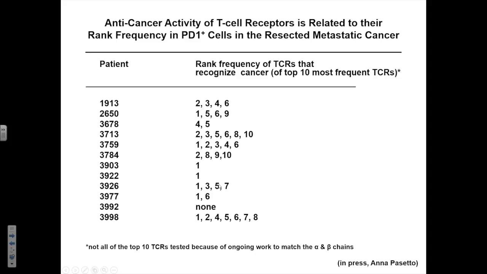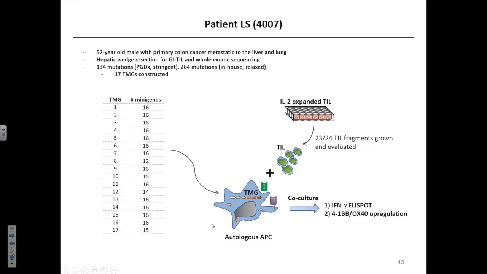And so about half were recognizing mutations. And this is our first attempt to use the frequency of T cell receptors as an indication of identifying cells with anti-tumor activity, and we're continuing to work hard on refining this to increase our ability to identify mutations, and this was done by one of our postdoctoral fellows, Anna Placeto.